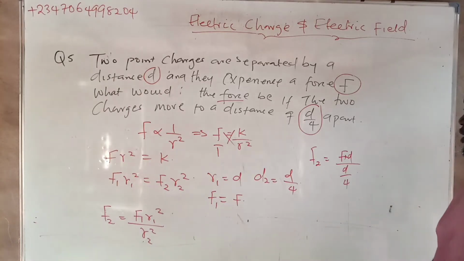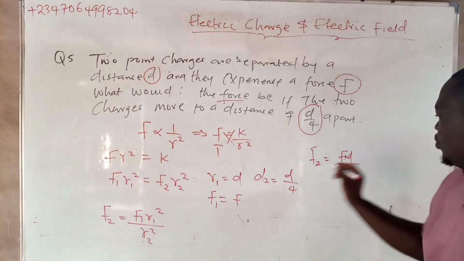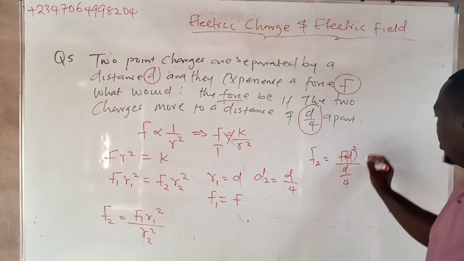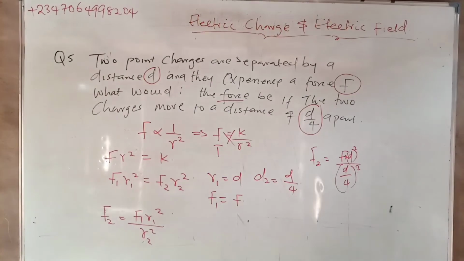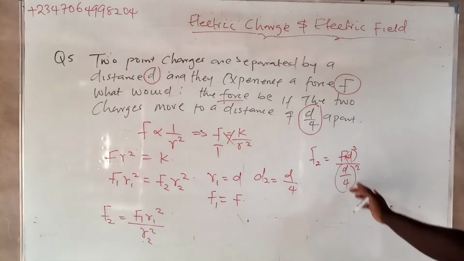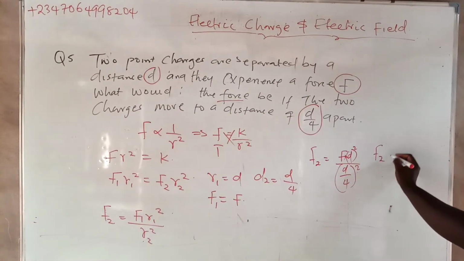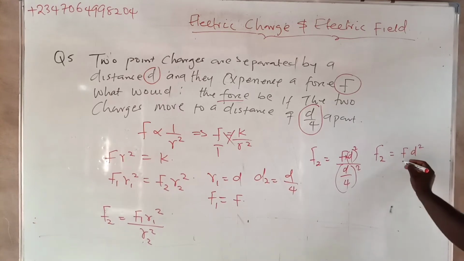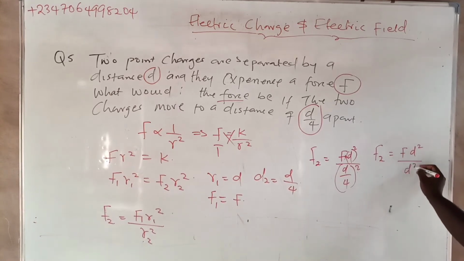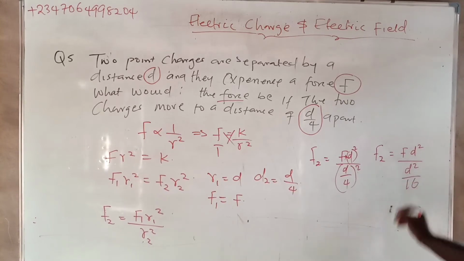Can you see it? Now, don't forget that this is squared. My D is squared. This is also squared from this formula here. So, look at what is going to happen. Your F2 is equal to F D squared all over D squared all over 16.